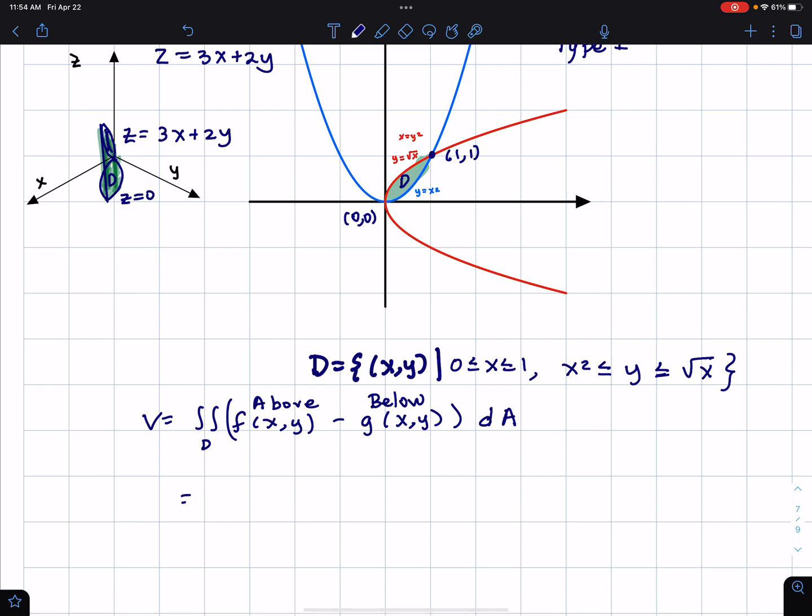So when I plug in this formula, I have the function f(x,y) is 3x plus 2y. That's the one on top.